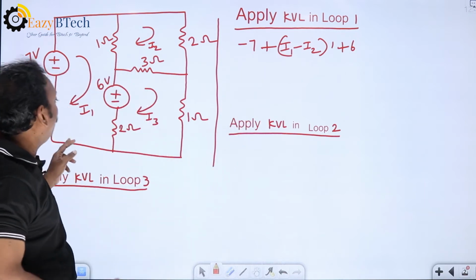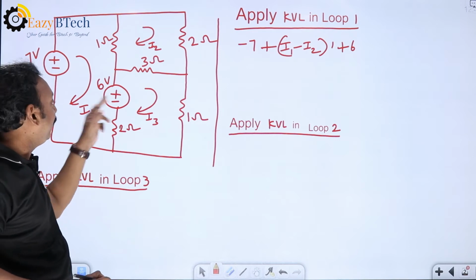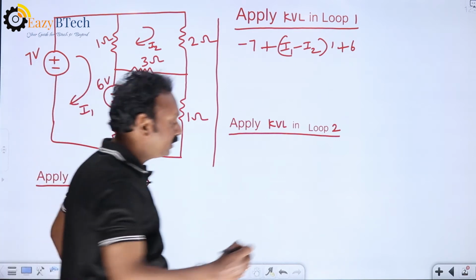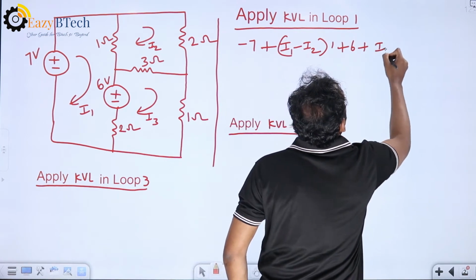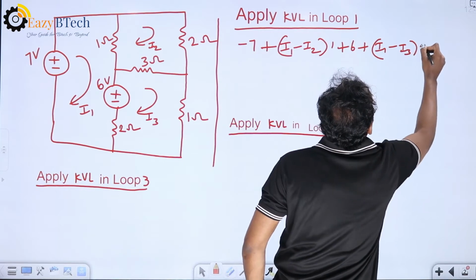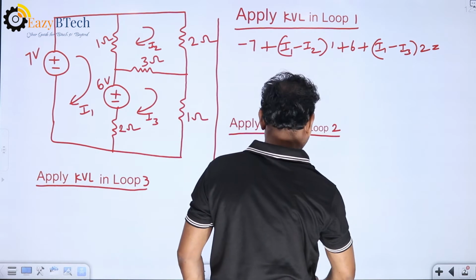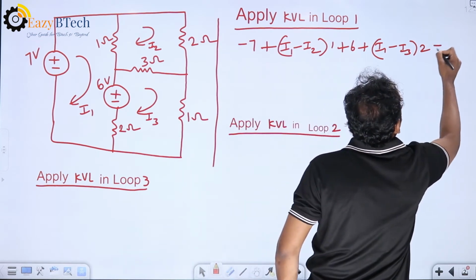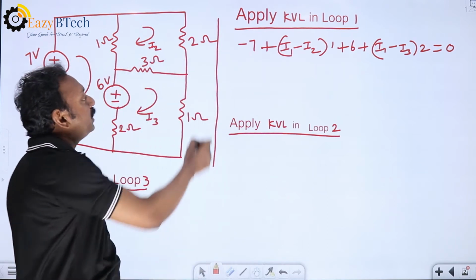With respect to loop 1, I1 minus I3 is the current through 2 ohm. So plus I1 minus I3 into 2 equal to 0. That's all. So just simplify this one.